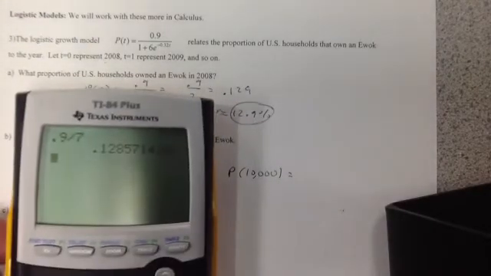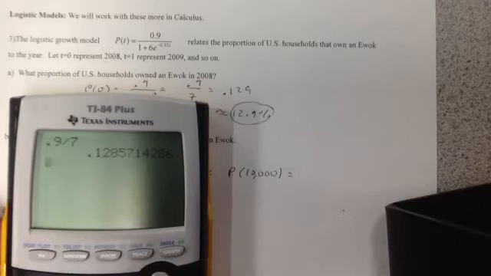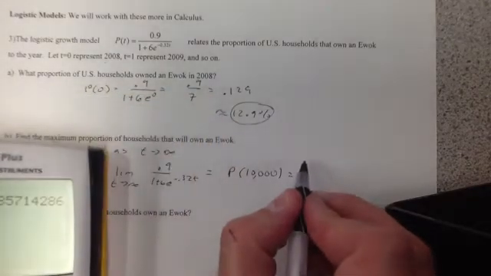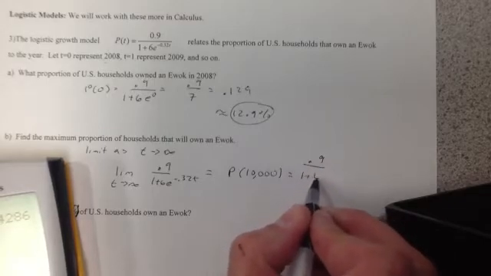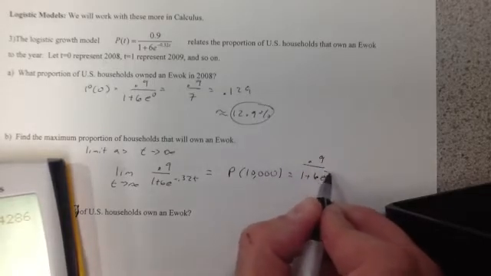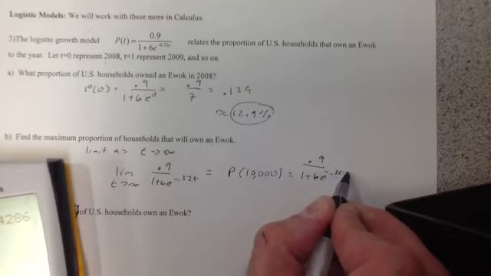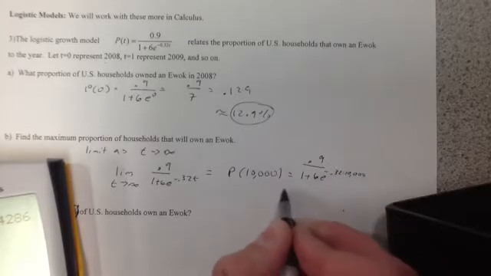I'm just going to type that in. This becomes 0.9 over 1 plus 6 e to the negative 0.32 times 10,000.